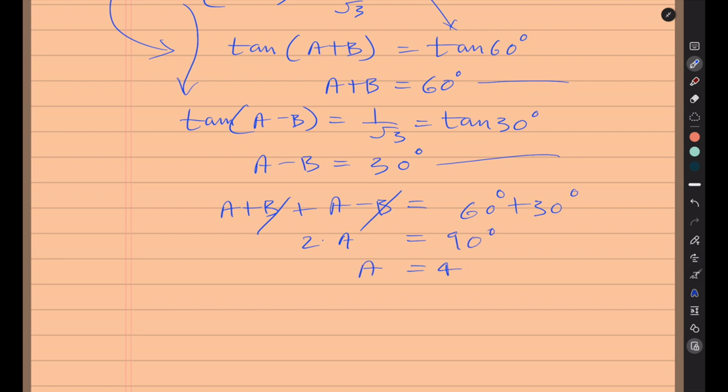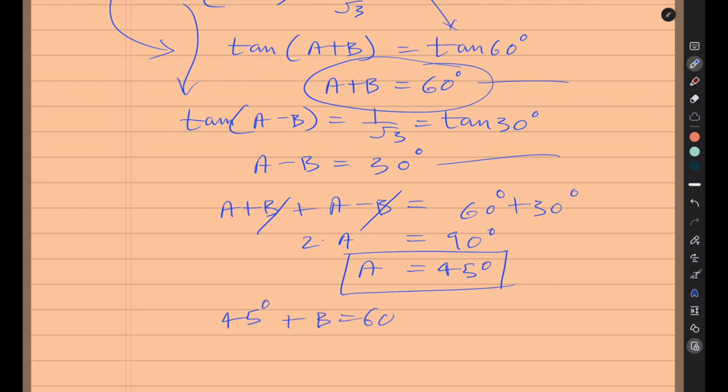So A will be 45 degree. And putting the value of A in this equation, we get the value of angle B equal to 15 degrees.